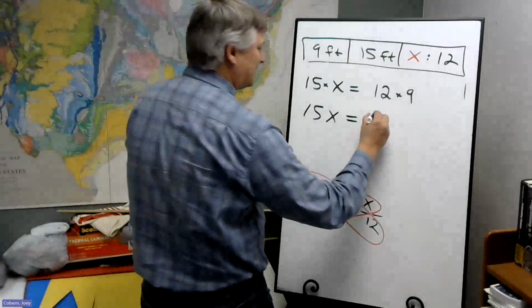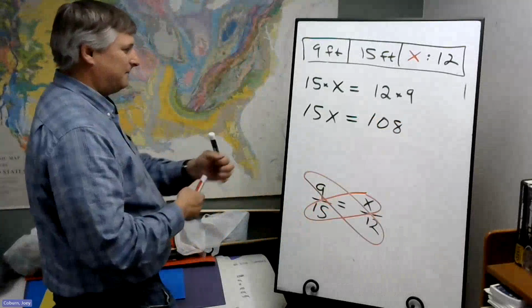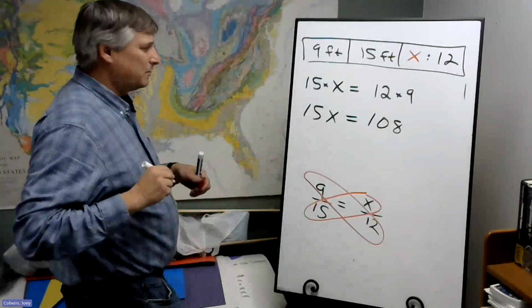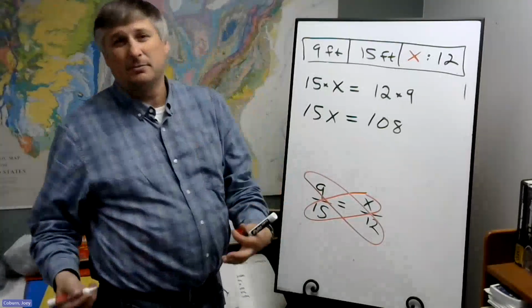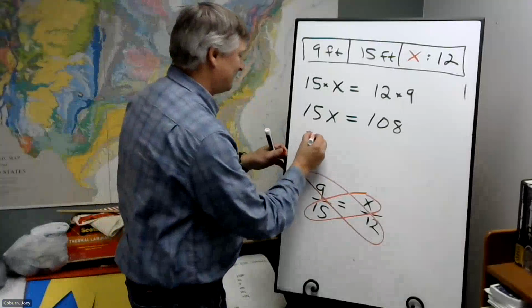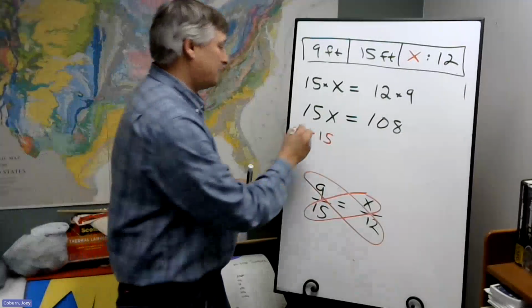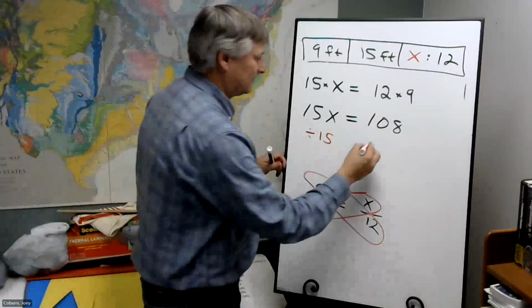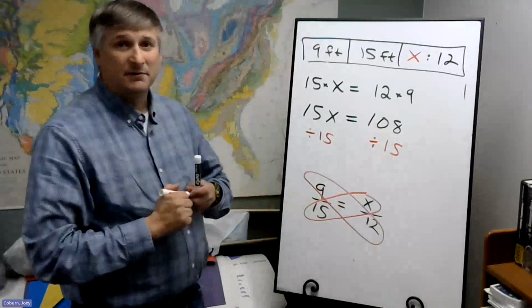All right, so I have 108. And yeah, 15 times x, we want to get x by itself. So to do that, we have to get rid of the 15 times, the opposite of multiplying by 15, dividing by 15. But the rule of algebra, and again, we'll talk all about this later, we're getting ahead of ourselves, is to do that to the other side.